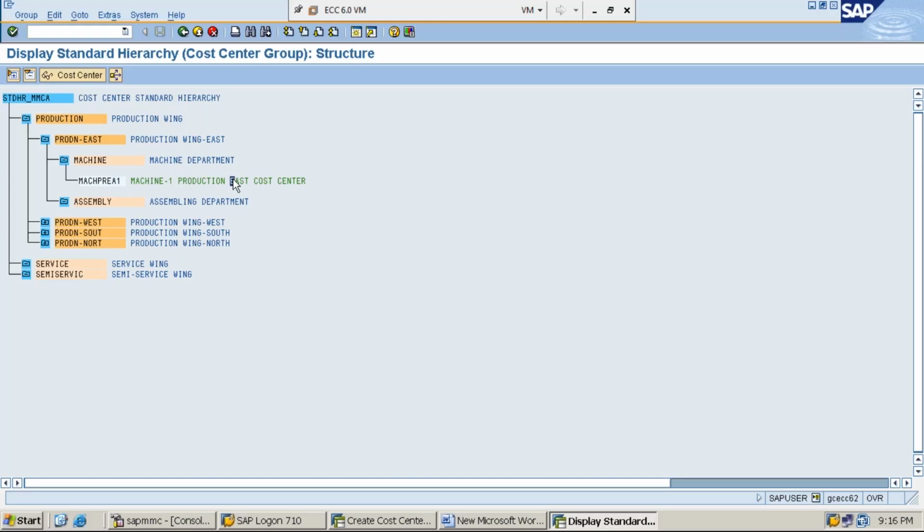This production east cost center has to perform production activities, and whatever expenses are incurred must be captured by this cost center, so that the cost is available at this cost center level. Understood the point?